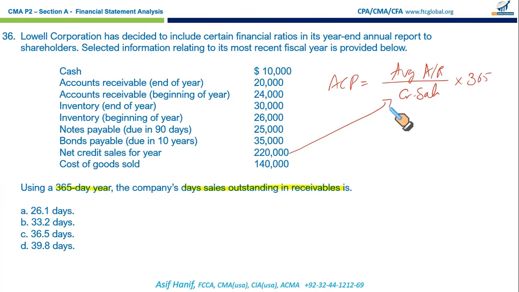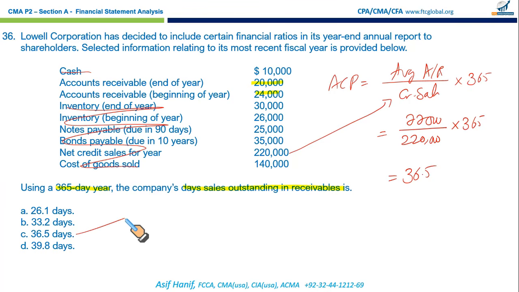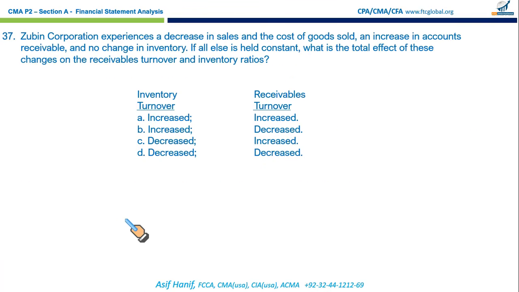Yes, 20, 24, 44, 44 over 2, that is 22,000. All other information, if you read it, you will simply be wasting your time. Don't do that. Just get what you have. Average account receivables is $22,000, credit sales is $220,000, multiplied by 365. If you simplify, you get exactly 36.5, which is C.